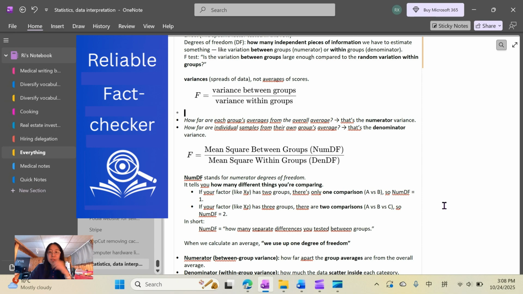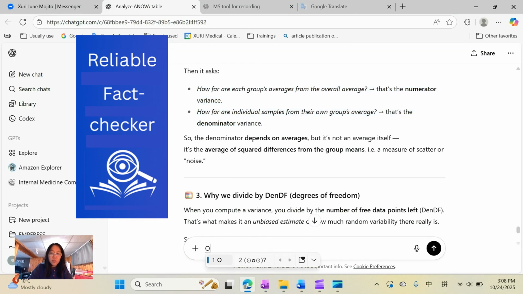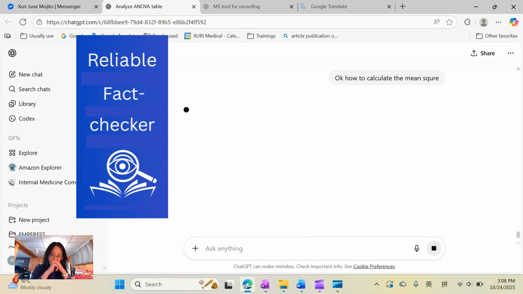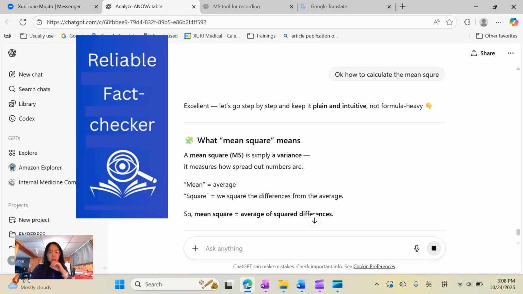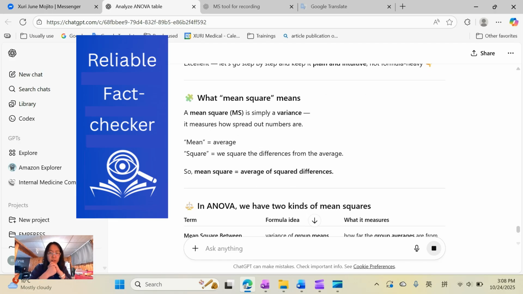Variance. So the variance is the mean square. Okay. How to calculate the mean square? A mean square is simply a variance. It measures how spread out numbers are. Mean equals average.